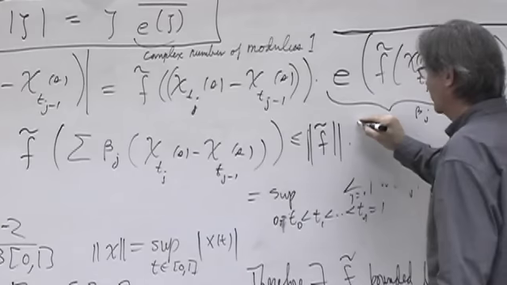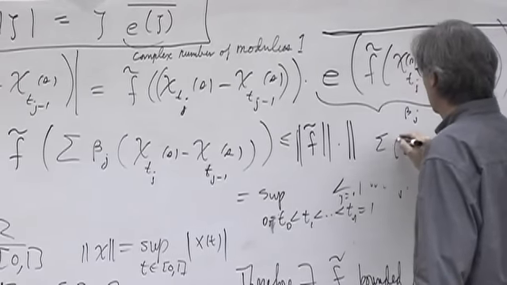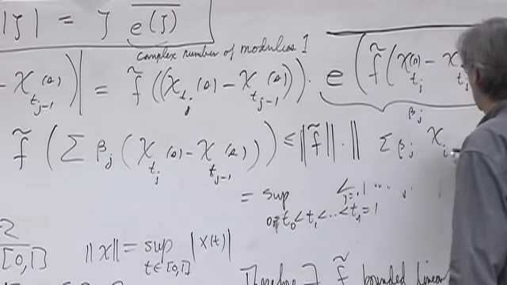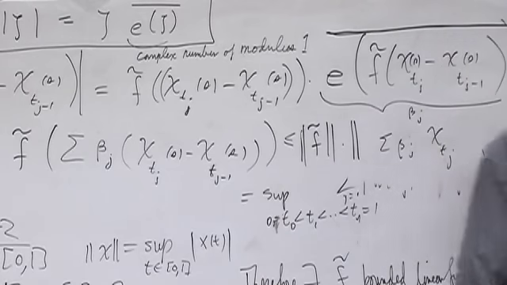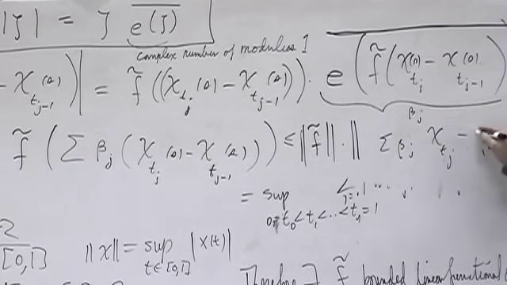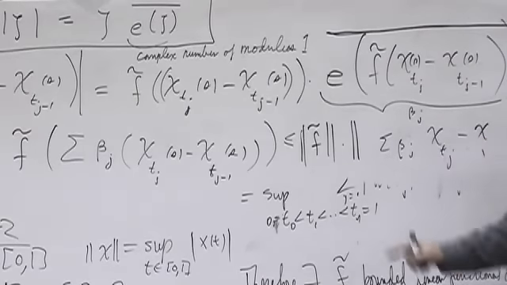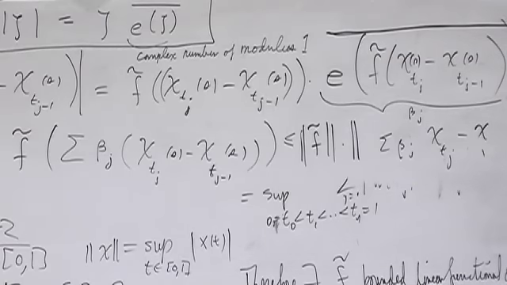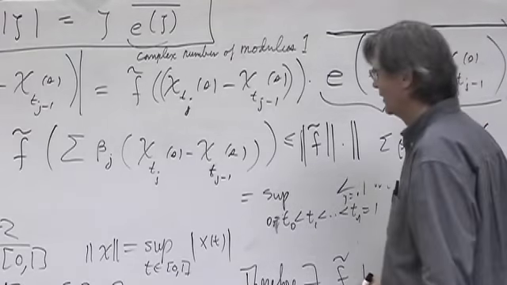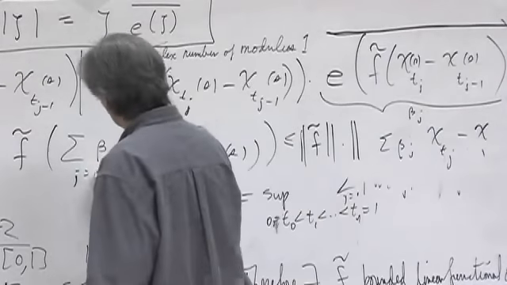The norm of the step function. I'm just throwing this term away because I don't want to rewrite it all the way through at this point, because the first term is beta 1 times chi t1. I'm just pretending it's this way instead. I guess I can go j equals 2 to n.